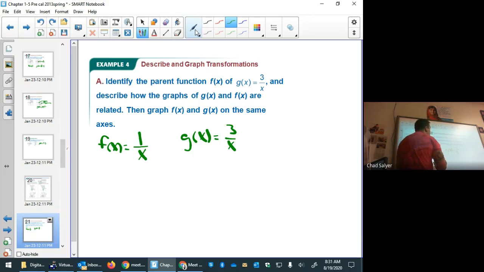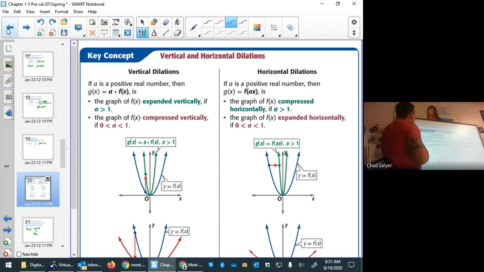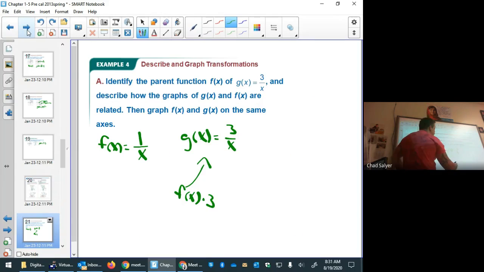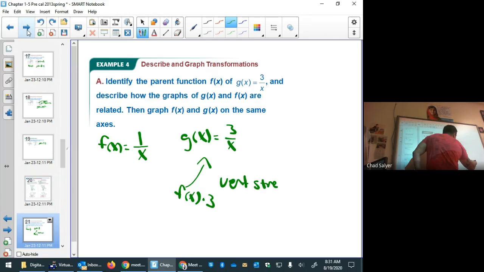So this is f of x times 3. In other words, we have had a vertical dilation. We've multiplied the output by a value greater than 1, which is a vertical expansion. I often just call it a vertical stretch. So it's vertically stretched up tight.